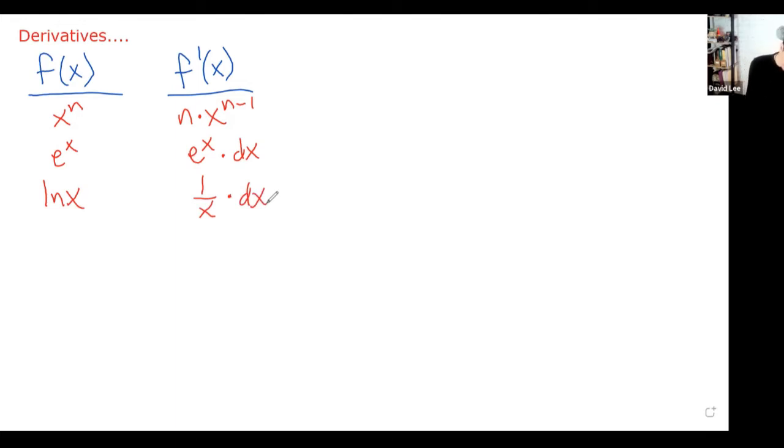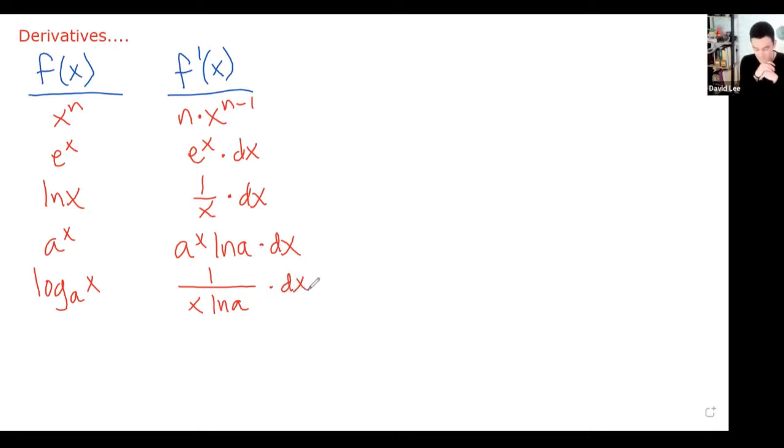What if I have some function a to the power of x? Then its derivative would be a to the x ln a times dx, right? And what if you have something like log base a of x? Well, its derivative would be 1 over x ln a, and then off to the side, times dx.